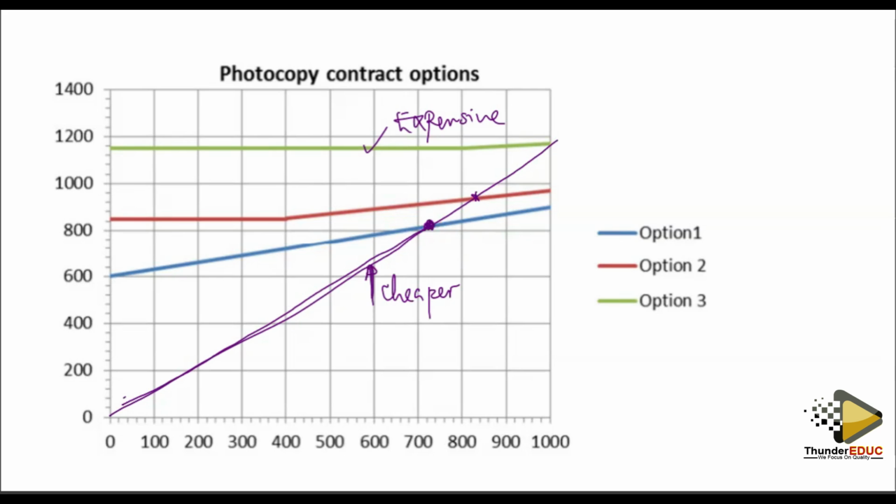Then it becomes more expensive than option 1. In this scenario, it's more expensive than option 1, whereas it's cheaper than option 2. But the moment it crosses option 2, it becomes expensive now. You see that? That's how we interpret the graphs.